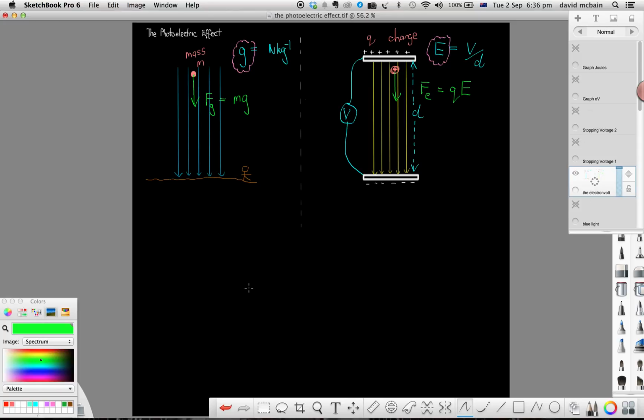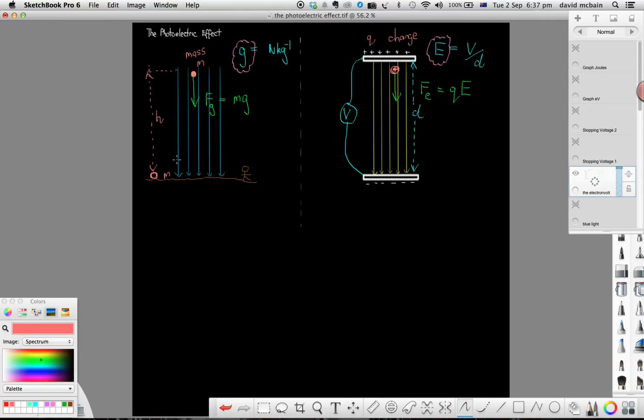Okay, now let's have a look at both of these situations from an energy and work point of view. So let's say now we've got our mass, we're over here now in the gravitational world, and we want to lift it up that height, from there to there.